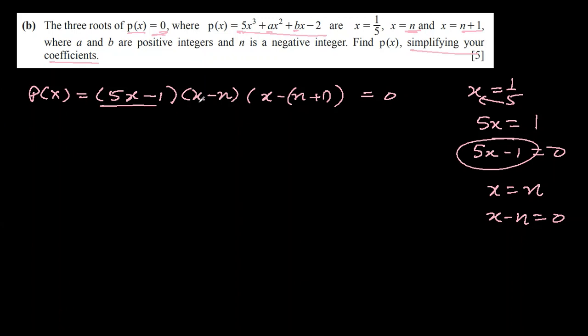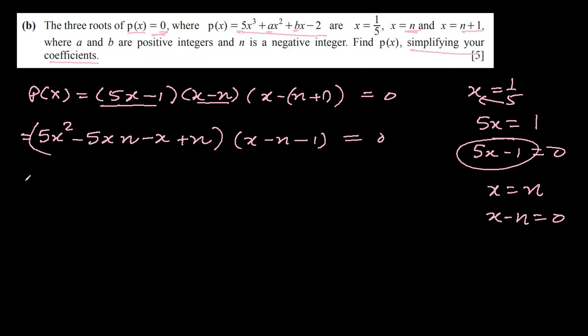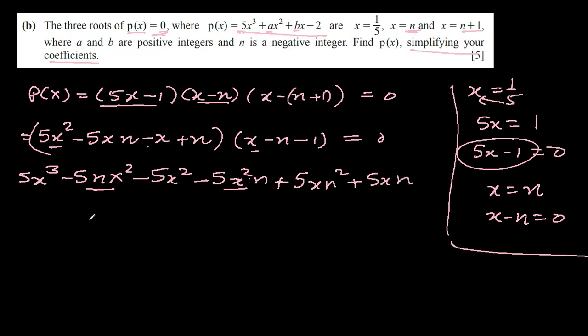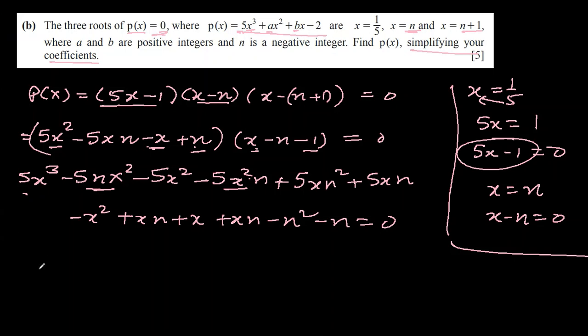So let's multiply x minus n with 5x minus 1 first. 5x times x, we get 5x square. 5x times n will be 5nx. Now, because these are the coefficients of x cube, x square and x, let's combine them. 5x cube is alone, there's no other x cube, but for x square we have 5nx square minus 5x square n, which is minus 10xn square basically.